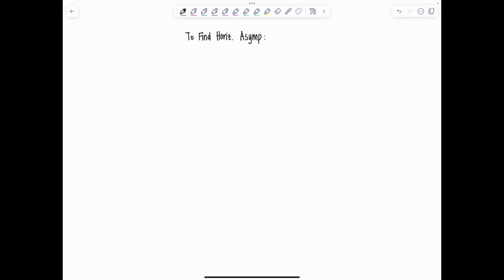Okay, so remember our function f of x is equal to p of x over q of x, right? So you're going to find the degree of p of x and the degree of q of x. I'll explain how to do that in a minute.